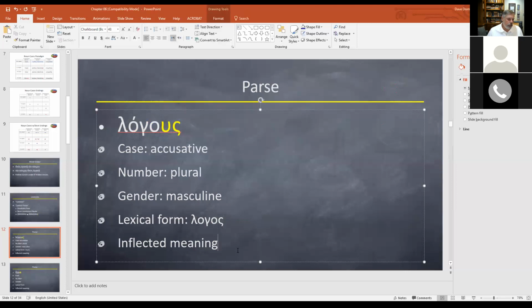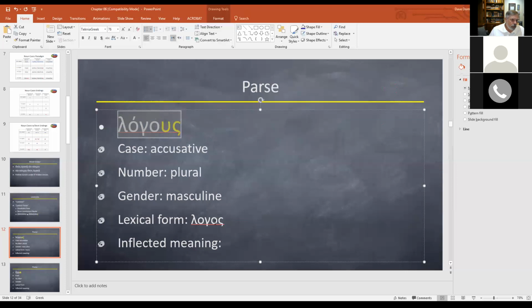The other thing that it's asking is its inflected meaning. Inflected meaning is what it means in this form where we're looking at it, not its lexical form.